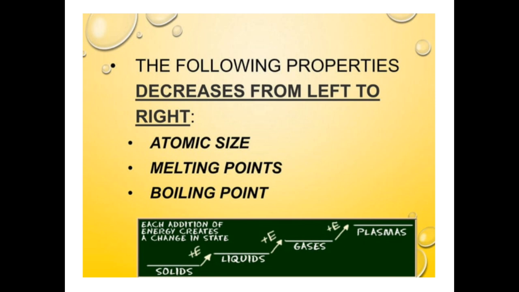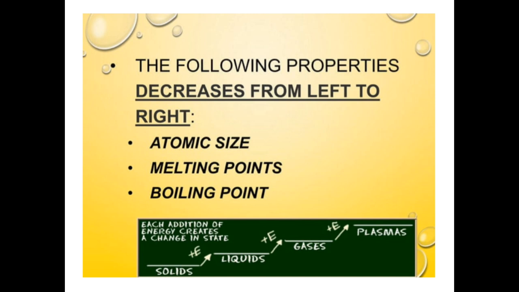Generally for metals, melting and boiling point increases. So between sodium, magnesium, and aluminum, there is an increase in melting and boiling point. Aluminum has the highest melting and boiling points due to the presence of a metallic character.